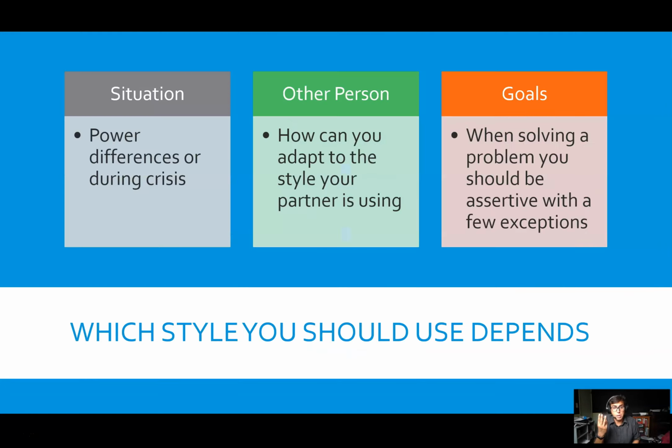Well, it depends on three big things. First, the situation. Power differences or a crisis will affect how this happens. A good example is if it is a crisis situation, I may take a competitive conflict style because we need to go. You know what? I'm taking control right now.